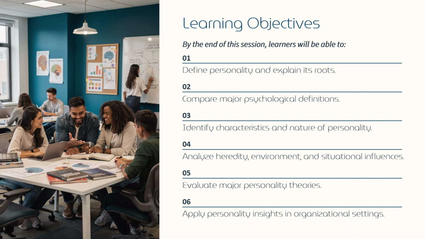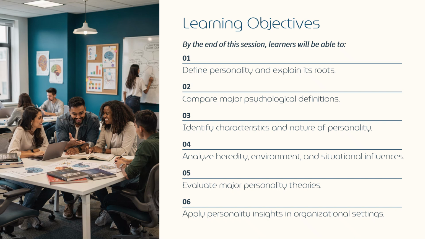By the end of this session, you should be able to define personality and understand its roots. Compare various psychological definitions of personality. Identify the core characteristics and nature of personality.